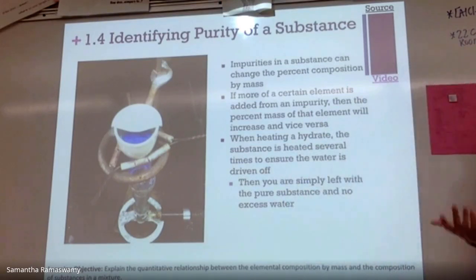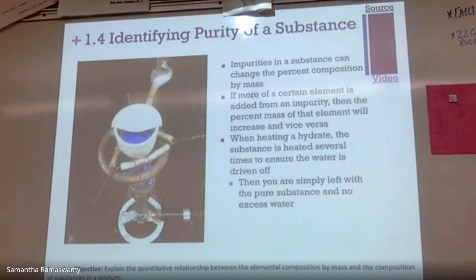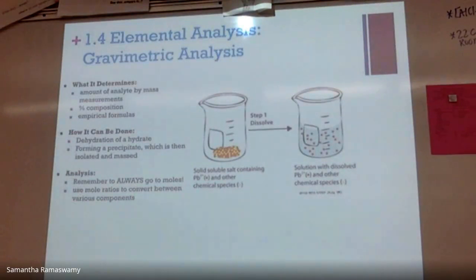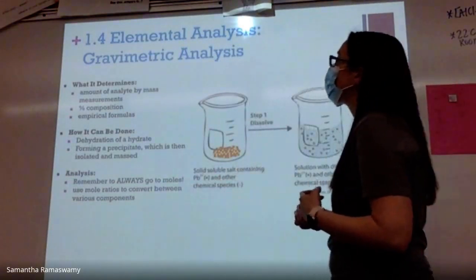It's to make sure that we get rid of any water. Then we don't have to worry about any impurities. Our substance should just be the pure substance. We actually did this lab at the beginning of the year. We did gravimetric analysis. This ties into 1.4.